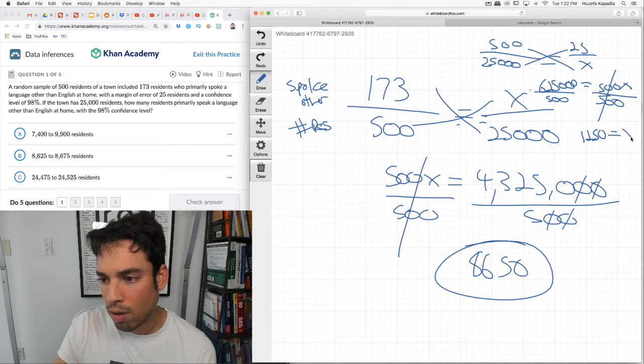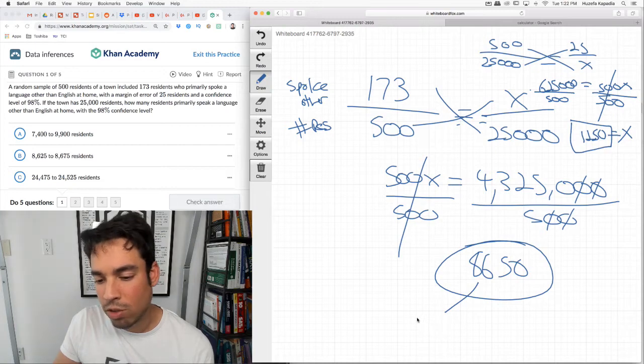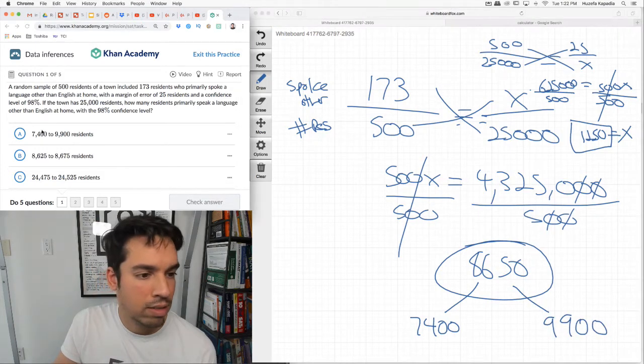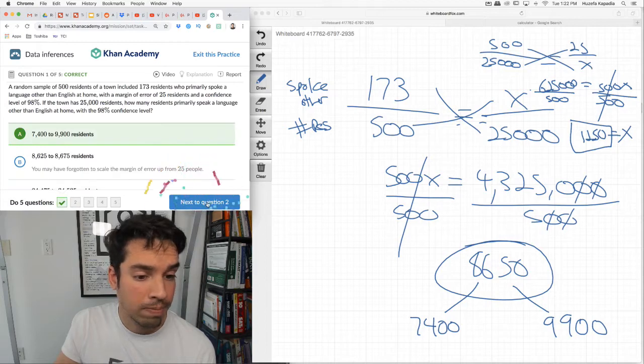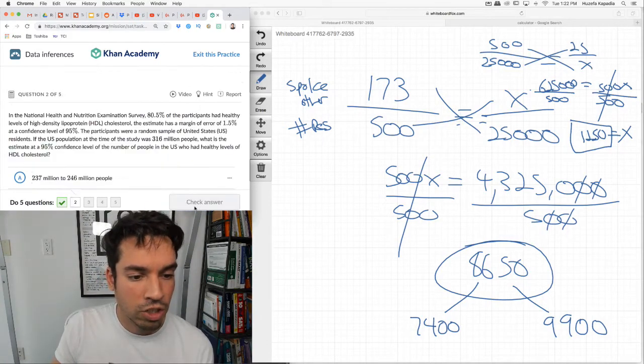So x equals a margin of error of 1,250. So I'm going to say the bottom range is 8,650 minus 1,250, which is 7,400. The top range is 8,650 plus 1,250, which is 9,900. And so I'm going with A. Let's see if it's right. Yeah. So we got to remember to scale up the margin of error in addition to the real deal.